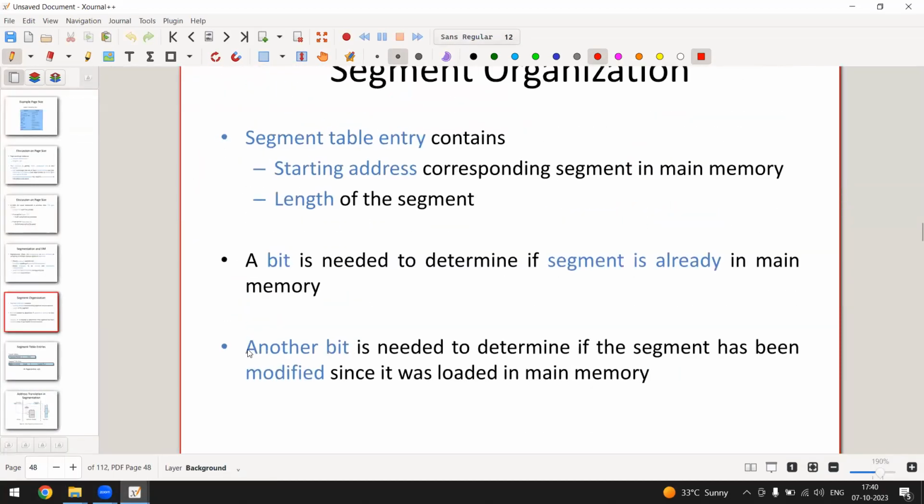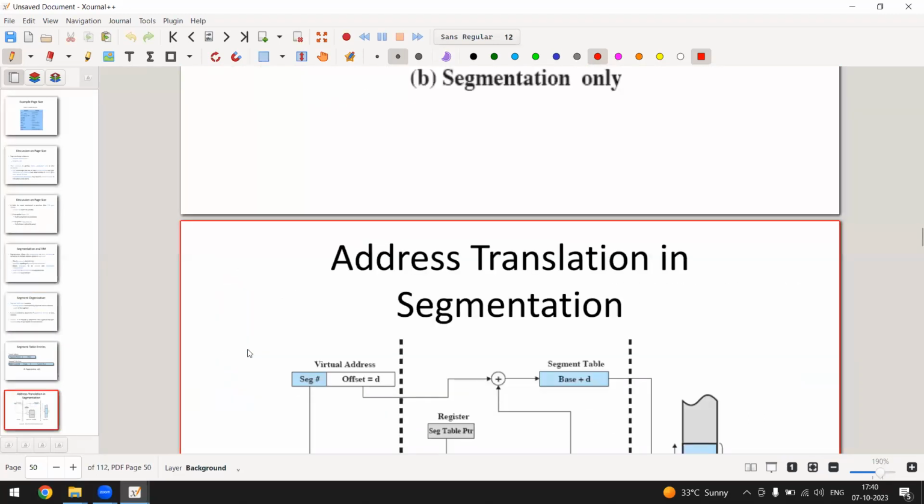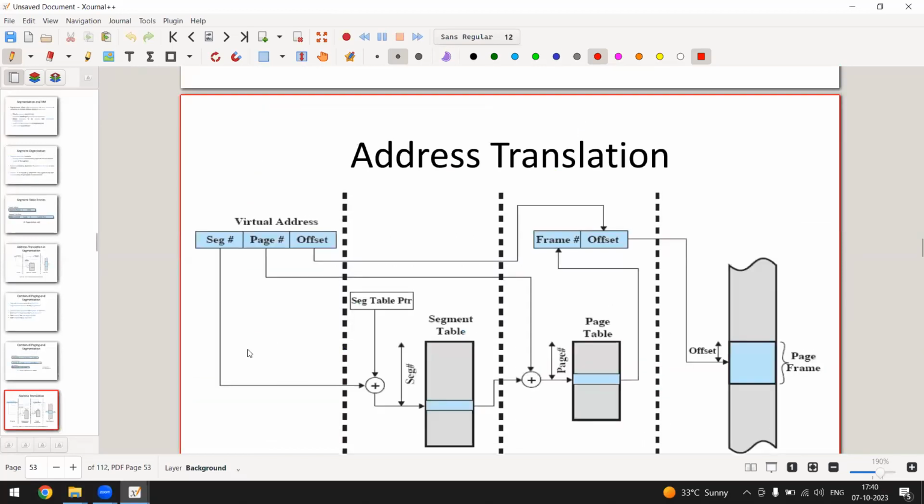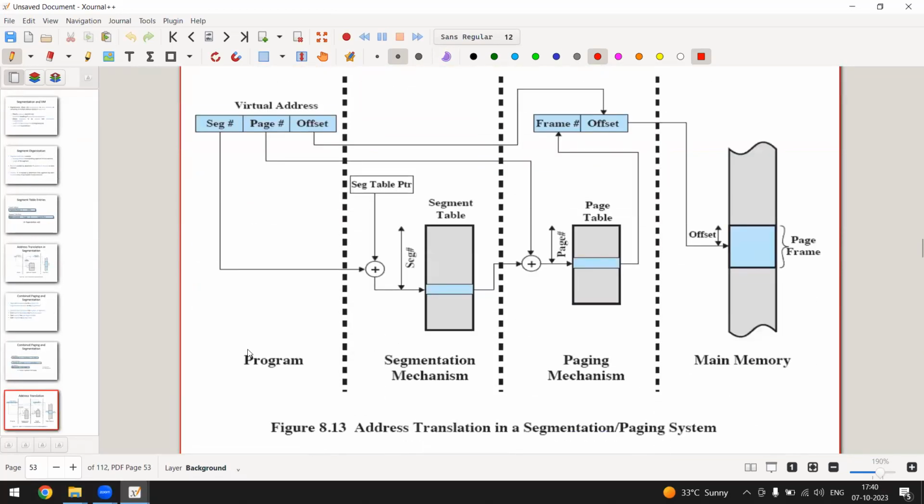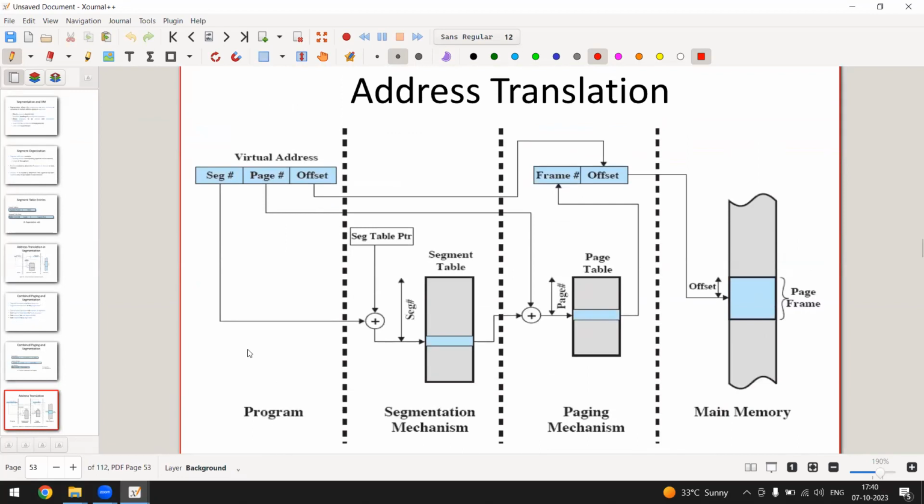Here you can see the segment table entry contains the starting address corresponding to the segment in the memory, the length of the segment, then a bit for whether the segment is present in the memory or not, and another bit for knowing whether it is modified or not. Apart from that, this is the address translation diagram in case of the combined paging and segmentation scheme. Here you can see the virtual address consists of three parts: segment number, page number, and offset.